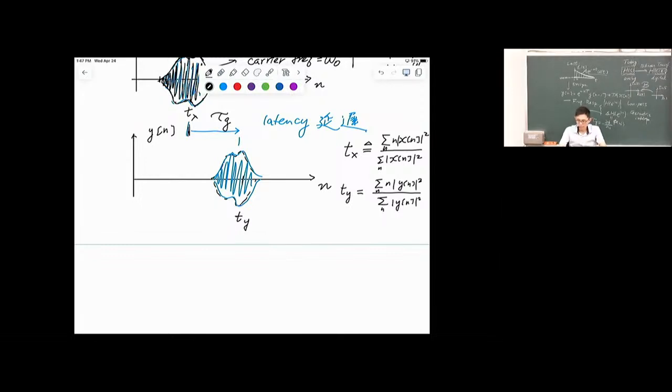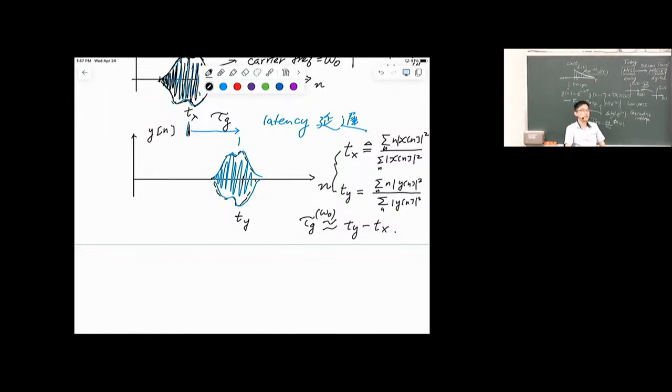So we define the centroid time for input and output, and then there is a way to show that tau g is approximately ty minus tx, if the spectrum is narrow enough. Tau g at omega 0, the center frequency.